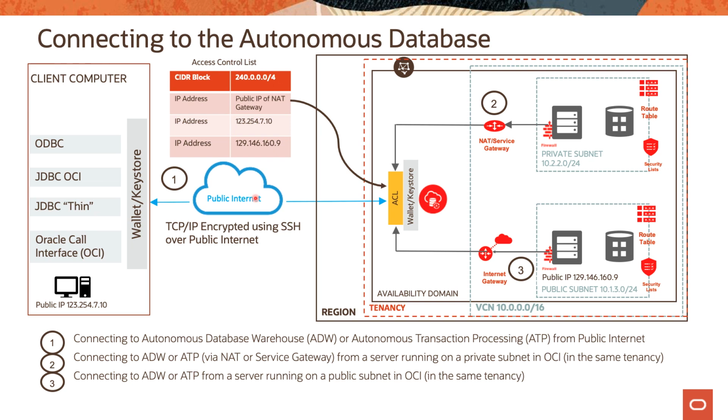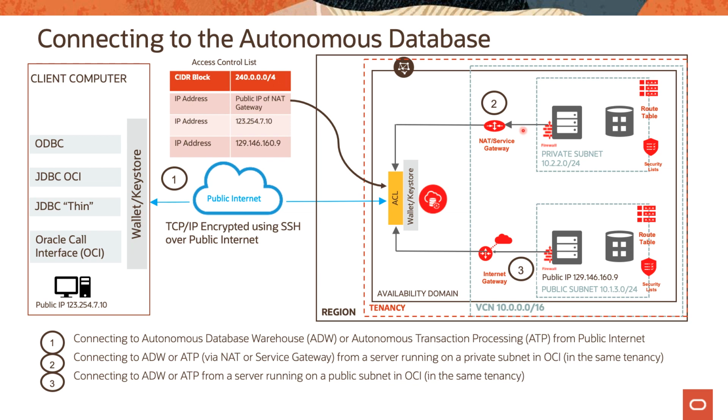So how you would secure this database is you can use the access control list to specify the CIDR block. Basically, this is needed if you are accessing the Autonomous Database from the server running on a private subnet, and the access happens over the service gateway.